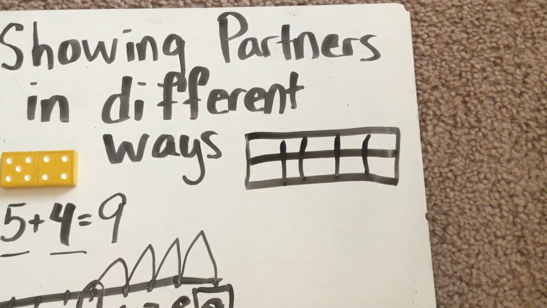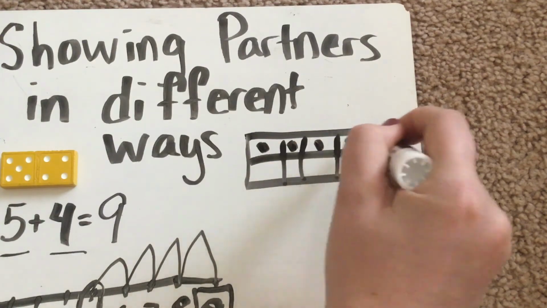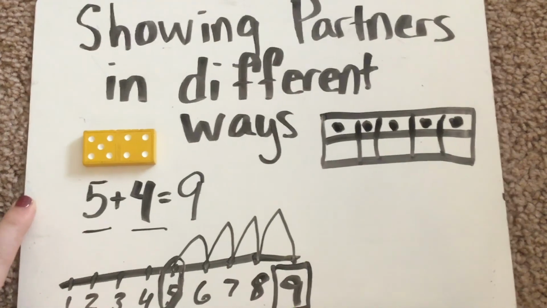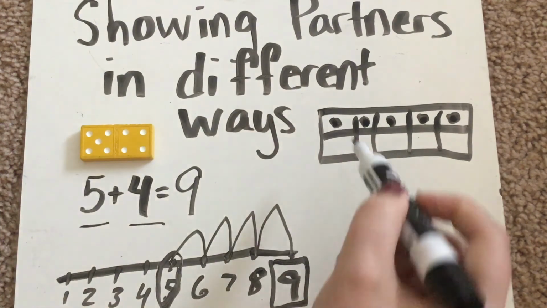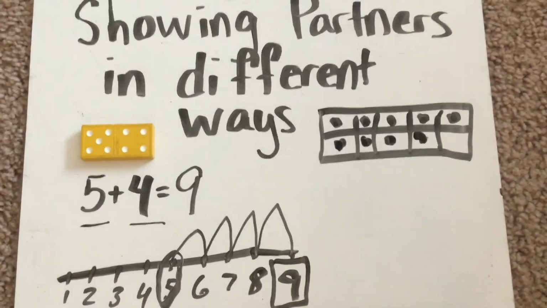So I'm going to put 5 in my 10 frame. That's going to be the whole top row. There's 5 in the 10 frame. How many more am I going to add to that 10 frame? 4. Let's add 4 on the bottom row. If I have 5 on top and 4 on bottom, that means that there is only 1 spot left on our 10 frame.